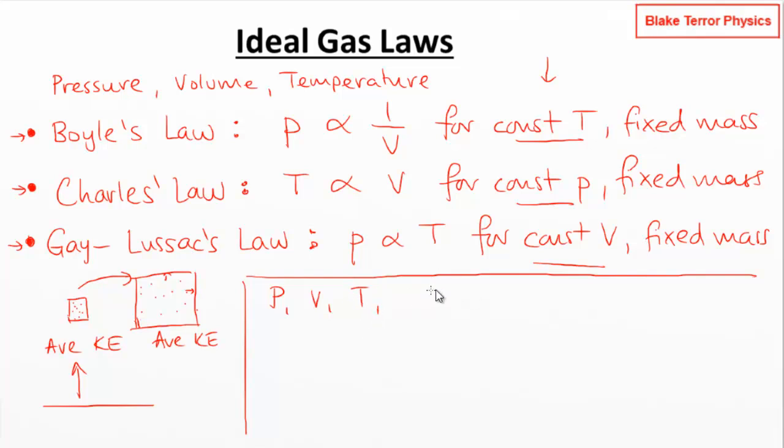And we want to get from that setup to some other combination. We want to do something to this gas in this initial state to get to a P2, a V2, and a T2. So we've changed everything. We've got an initial set of pressure, volume, temperature, and we want to get to some other set of a different pressure, a different volume, and a different temperature.